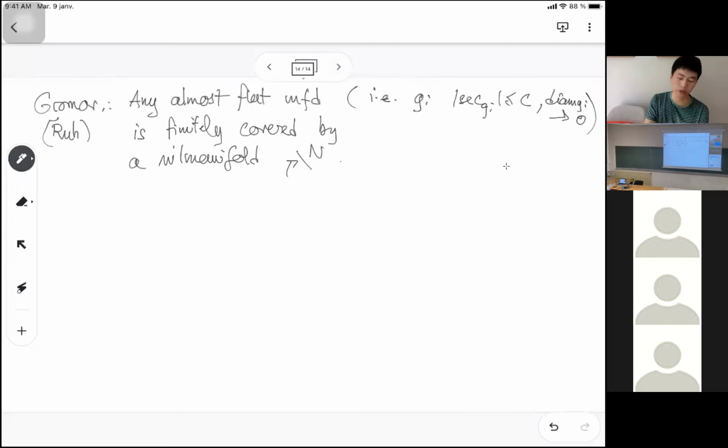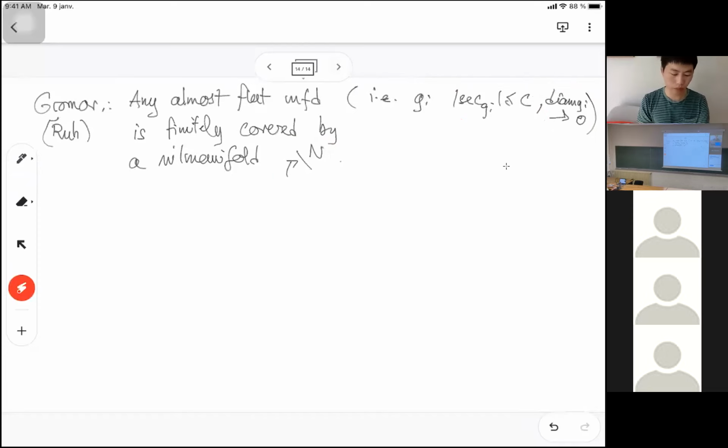And Ruh improved it by saying, okay, this is not any finite cover. You have some structure for this cover. Let's not get into that. What's important here is that any manifold such that you have a sequence of metrics with bounded sectional curvature and diameter going to 0 is given by a finite quotient of a nil manifold.